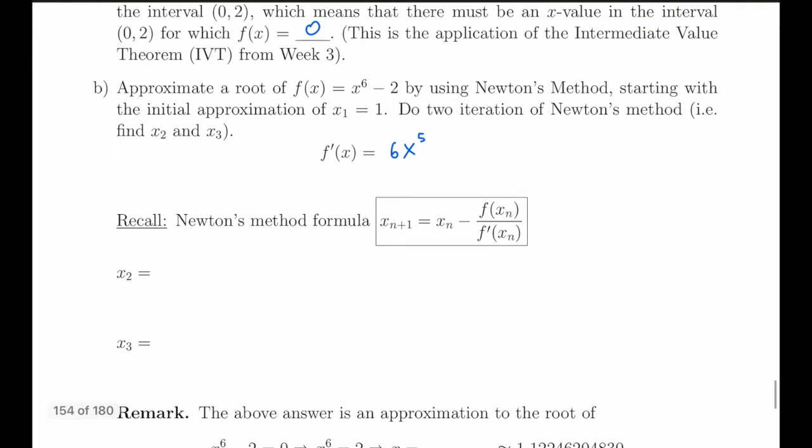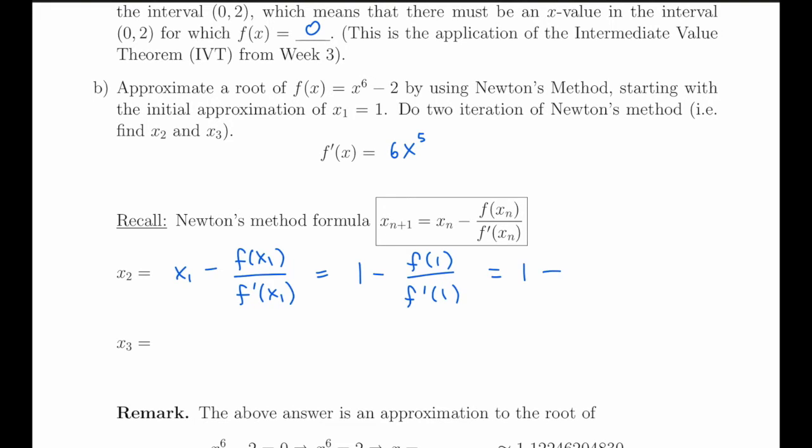And let's see what x2 looks like. Remember, x2 just means plug in 1 wherever you see n on this side. So we have x1 minus f of x1 divided by f prime of x1, which is 1 minus f of 1 divided by f prime of 1. And that's 1 minus f of 1 would be 1 to the 6 minus 2.